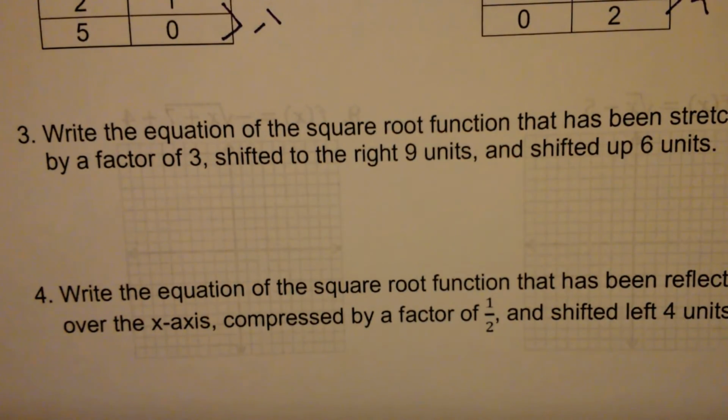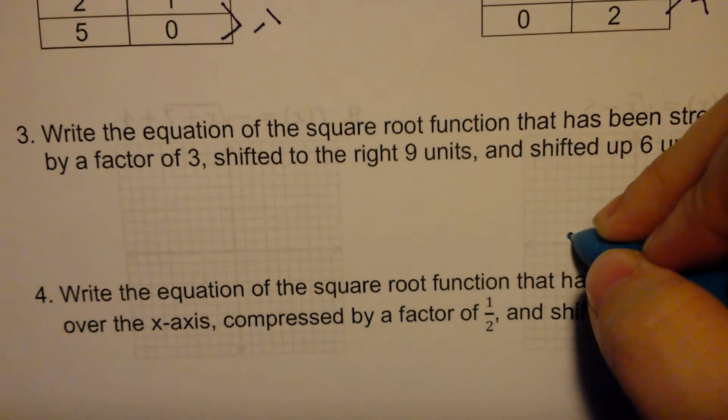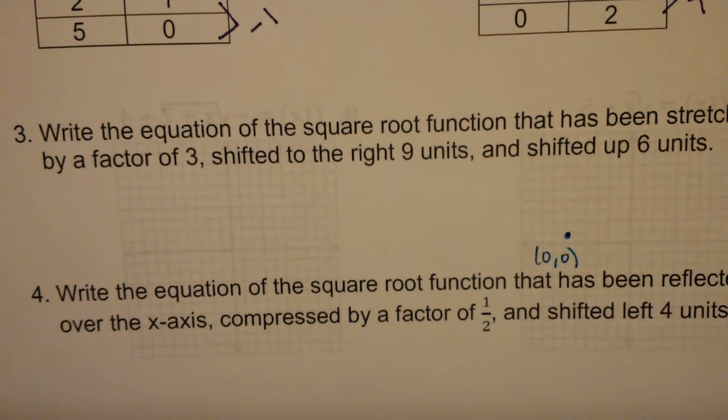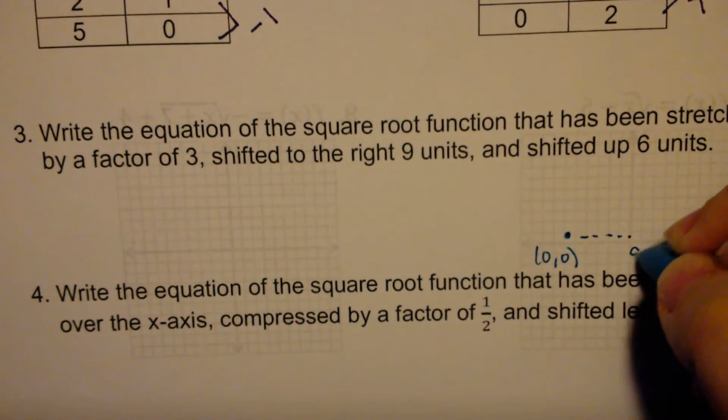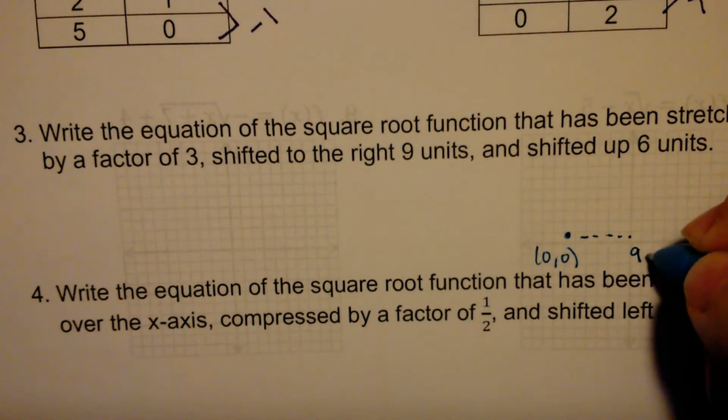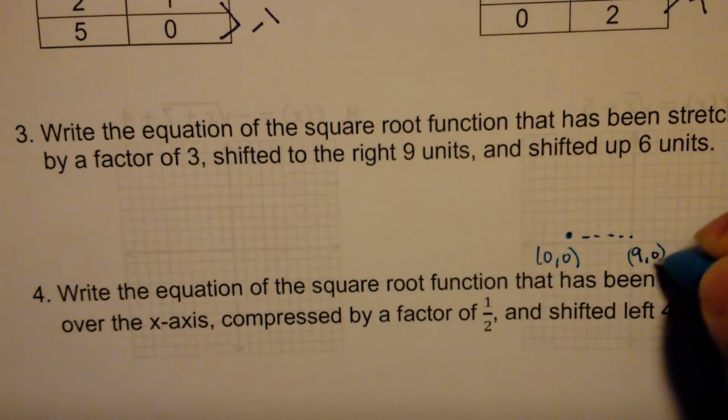So number 3 says write the equation of a square root function that has been stretched by a factor of 3, shifted to the right 9, and shifted up 6. So this square root function starts at (0, 0). If it got shifted to the right 9, it'd be over here at an x value of 9, so (9, 0).